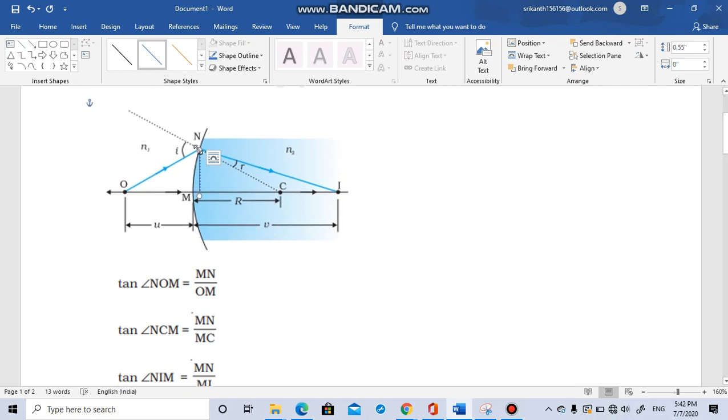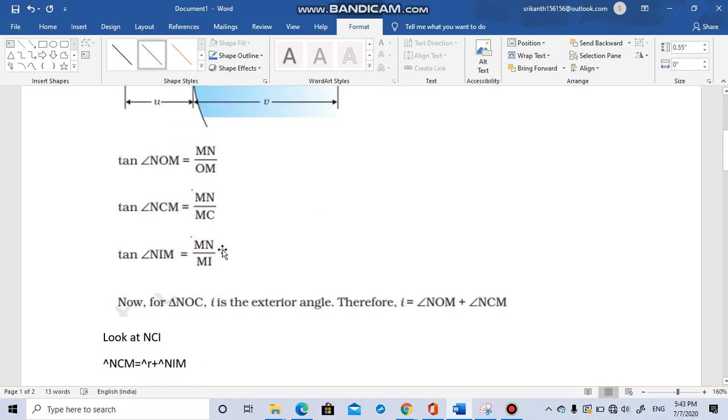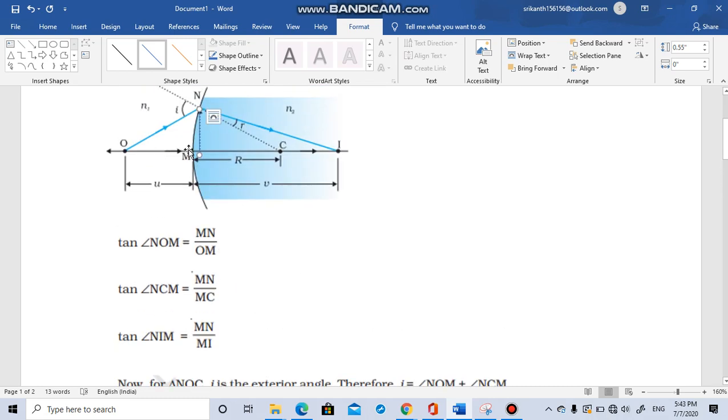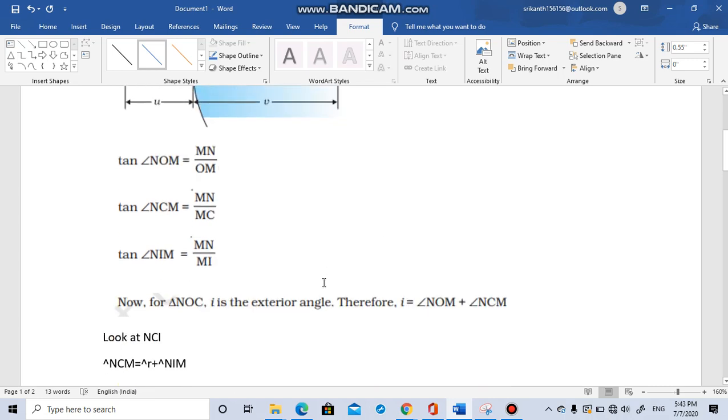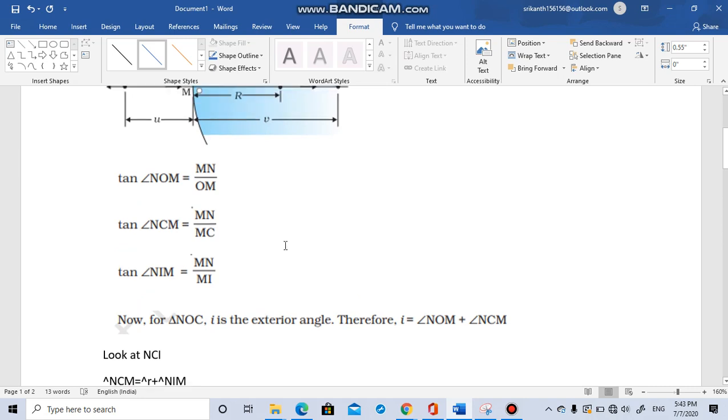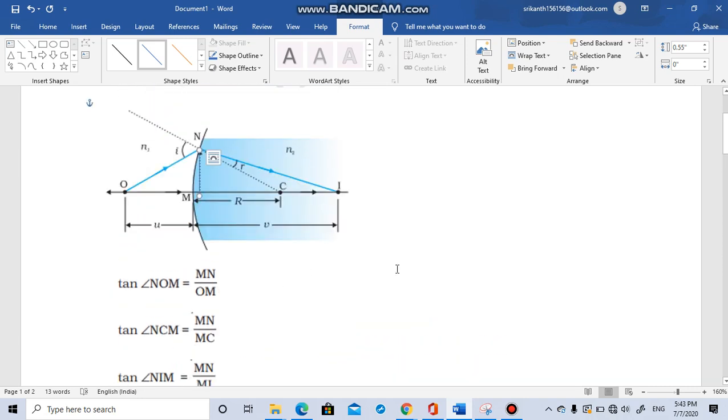And in triangle NIM, tan of angle NIM is opposite by adjacent. Opposite is MN, and adjacent is MI. Now you know that these angles are very small, so the tan of the angle and the angle will be almost equal. Usually in mirror derivations, we make this assumption because the angle is very small.